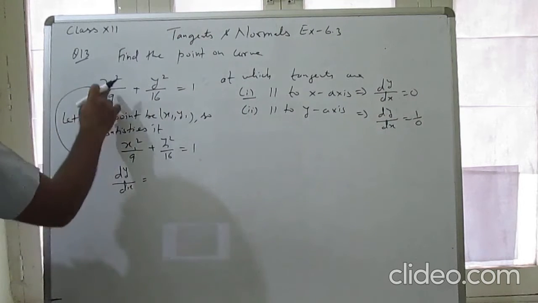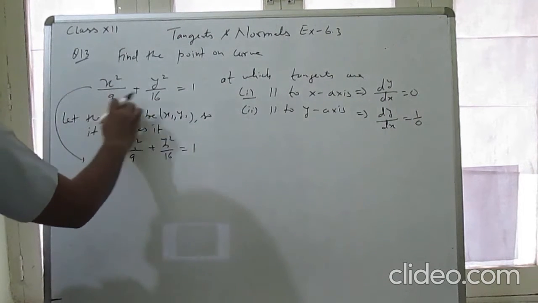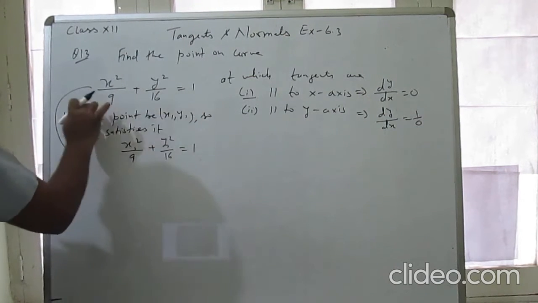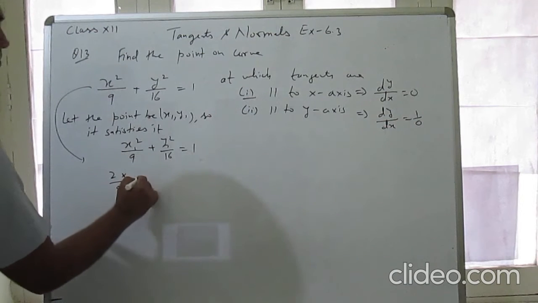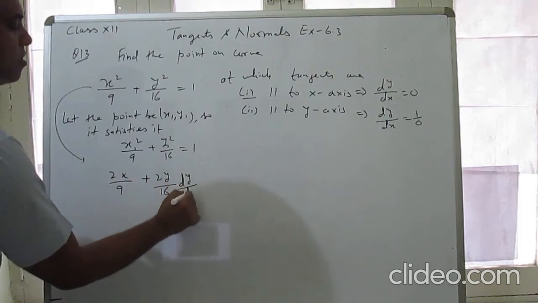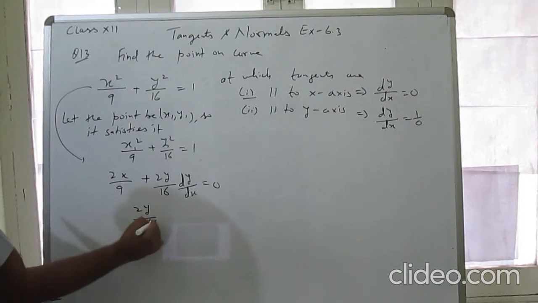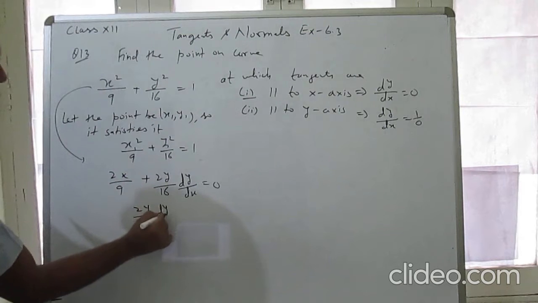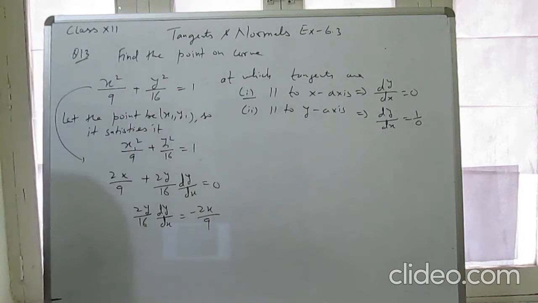It is in equation form, so we will differentiate the full equation with respect to x. So it is 2x upon 9 plus 2y upon 16 dy by dx, and the derivative of 1 is 0. So 2y upon 16 dy by dx is equal to minus 2x upon 9.